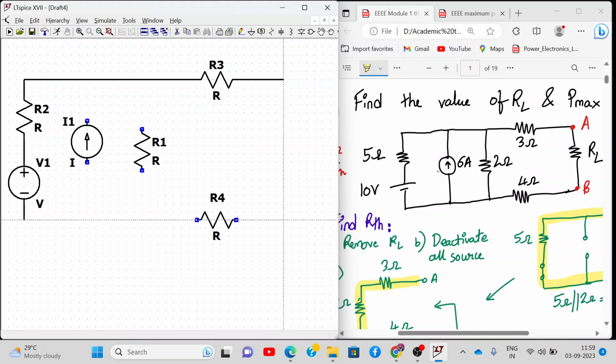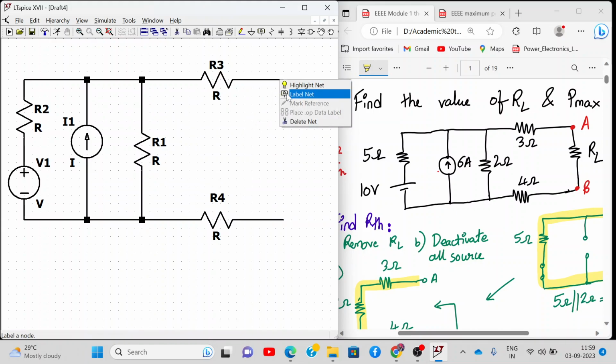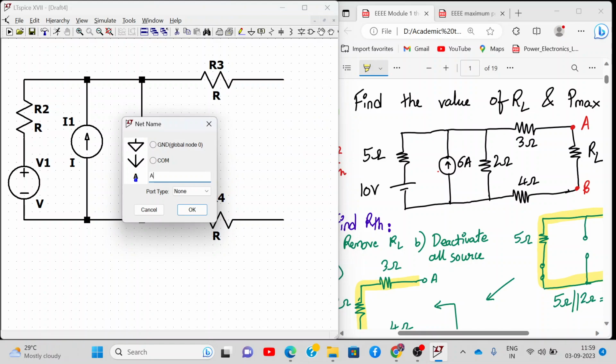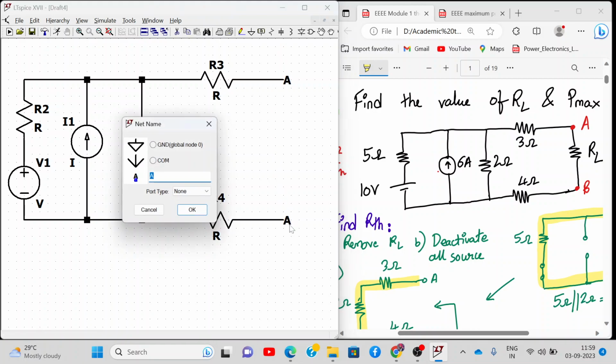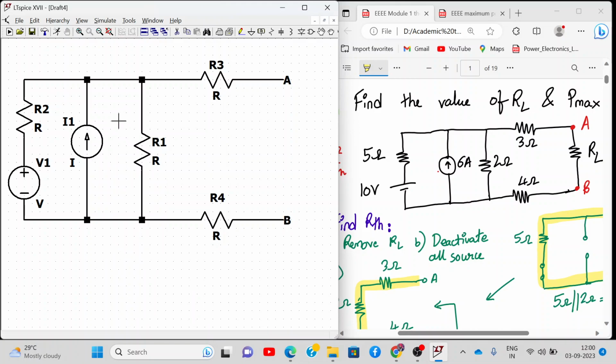We are going to check everything in simulation, cross verify our answers, and check whether maximum power is being transferred properly or not. These are points A and B. First we will check VAB, we'll calculate VAB.